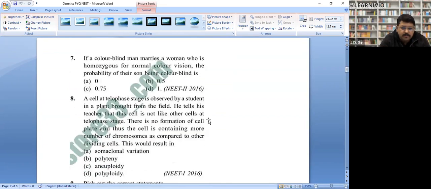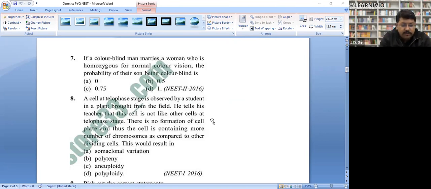Next, if a color blind man marries a woman who is homozygous for normal color vision, the probability of their son being colorblind is, tell me, Maimuna. This is a question which you need to solve by pen and paper. Homozygous for normal color vision.